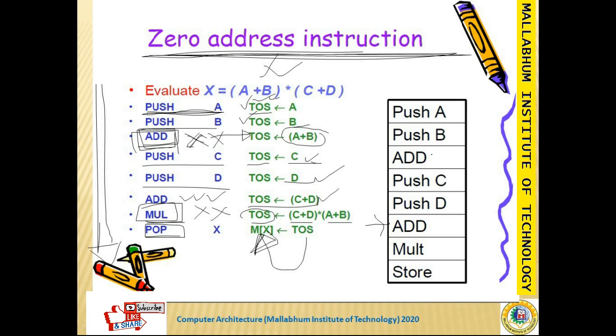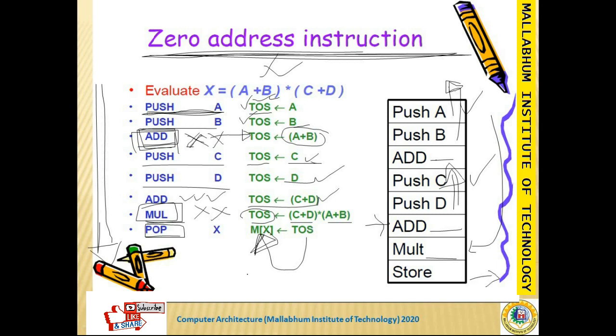Whenever we want to add these two numbers, the previous two numbers have to be popped and added. Next, multiplication: the previous two numbers have to be popped and multiplied. Next, store.